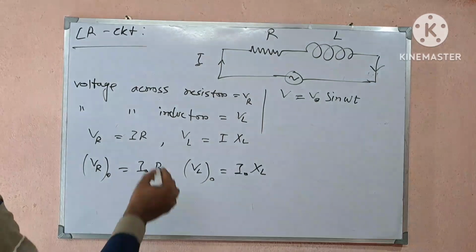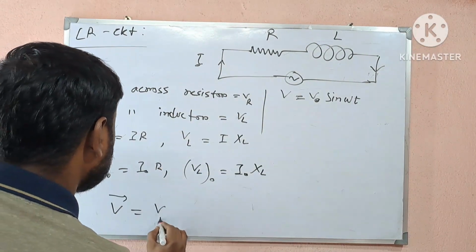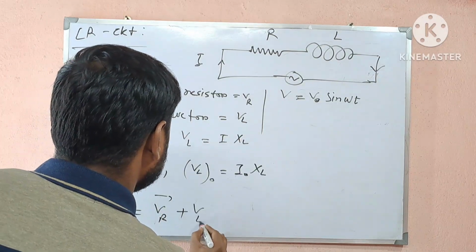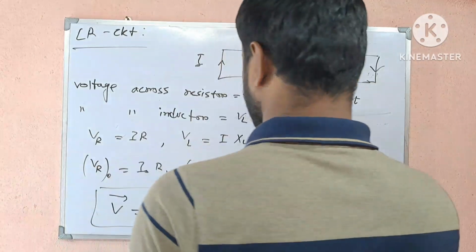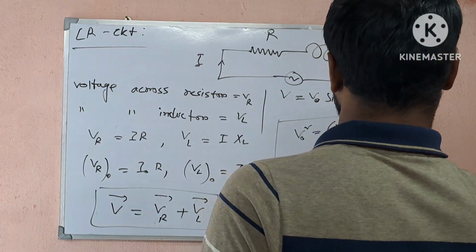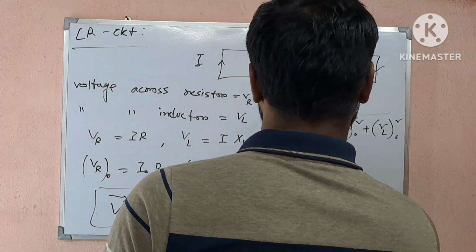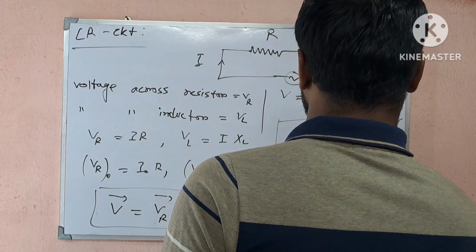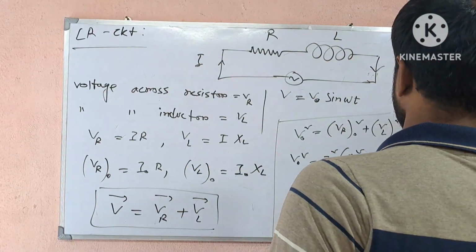So applying the same rule as the previous one, we can write here V vector equal to VR vector plus VL vector, and after applying the Pythagoras theorem, we can write V naught square equal to VR naught square plus VL naught square. So it will be V naught square is equal to I naught square will be common. So that will be R square plus chi L square.